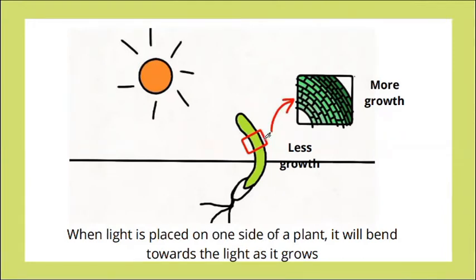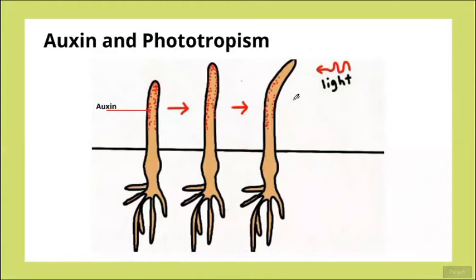This is because the shaded side of the coleoptile grows faster than the lit side. They grow faster when light is shone on one side because auxin moves away from the light to the shaded side.